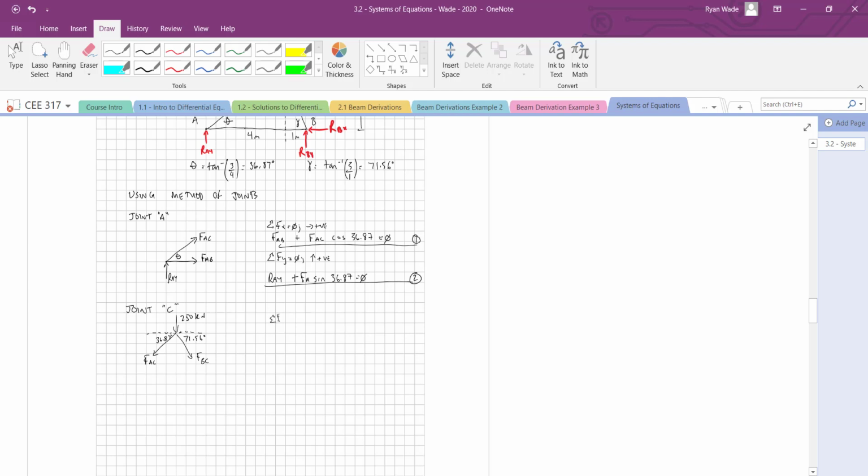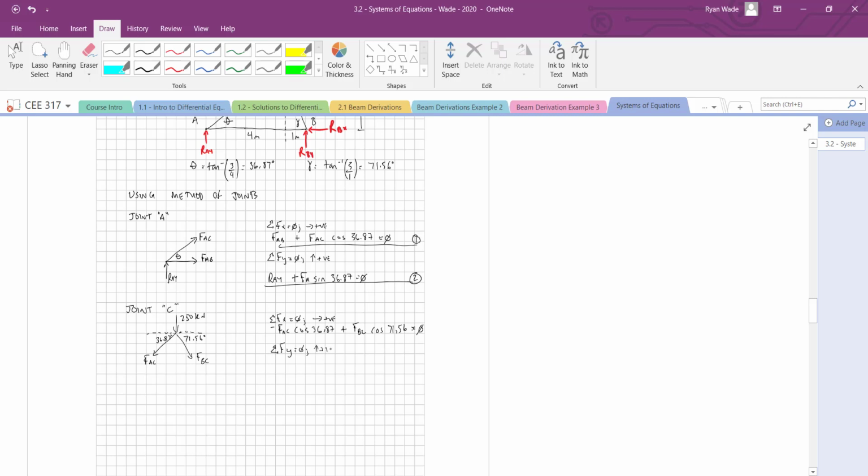So the sum of the forces in the x equals 0. So I've got negative FAC times cosine of 36.87, and then I've got plus FBC times cosine of 71.56. So that's the x component of each of those. And then the sum of the forces in the y equals 0.